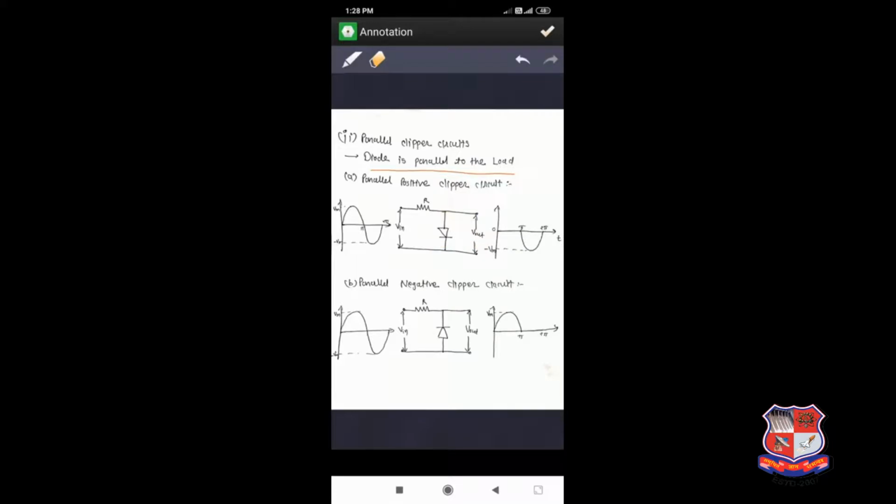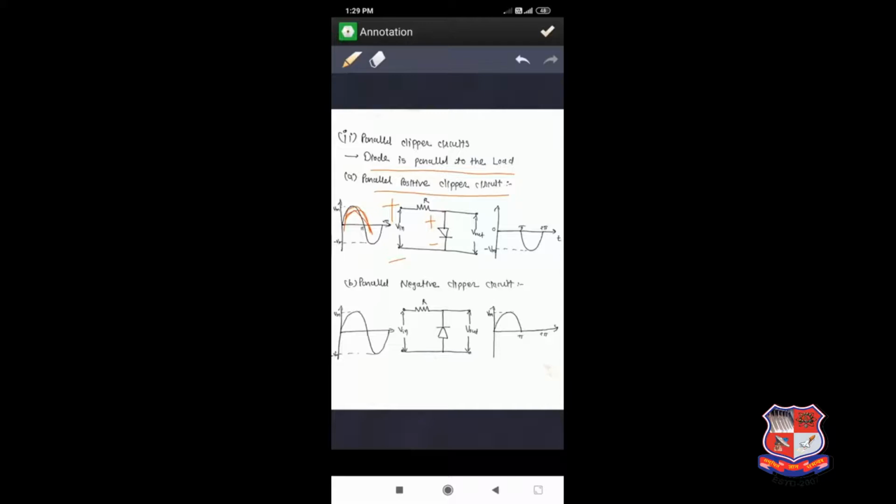The first one is the parallel positive clipper circuit. In the parallel positive clipper circuit, during this positive cycle, this terminal is plus, this terminal is minus, so the diode is in forward bias.